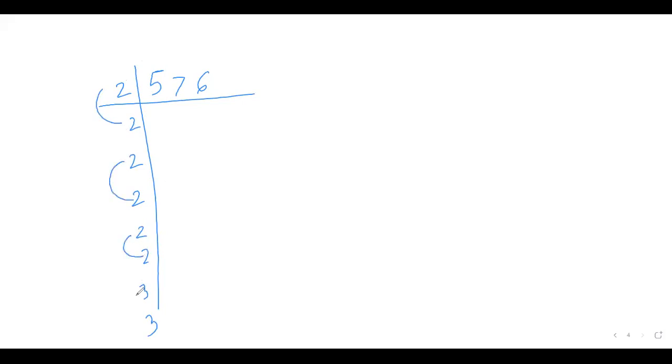And the threes make one pair. Yes, ma'am, you can see all are paired. So you should write 576 is a perfect square. It is correct. So I am giving you the next question to try yourself.